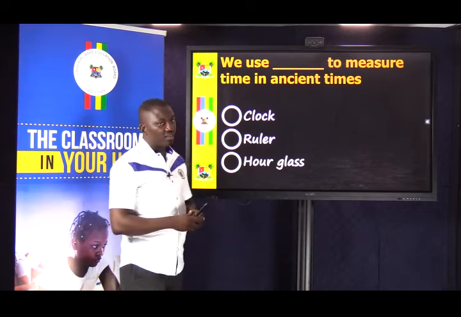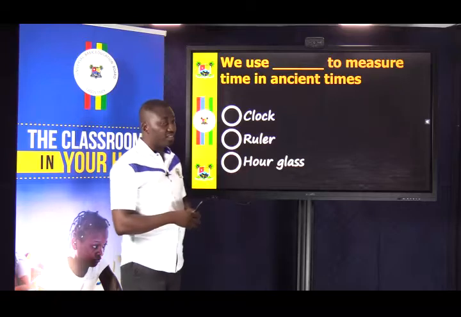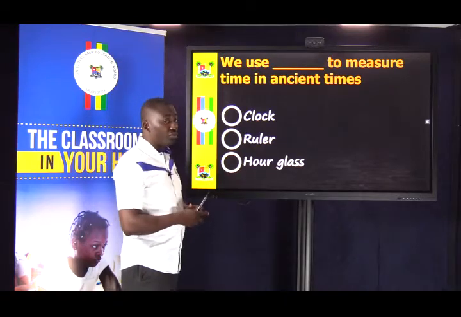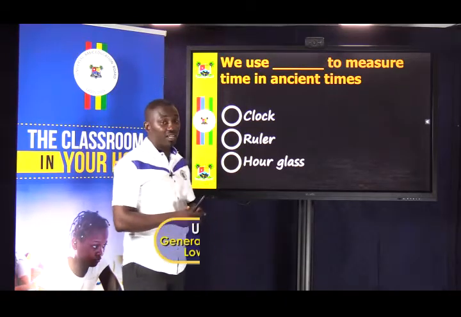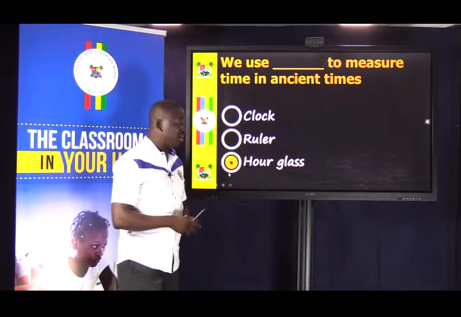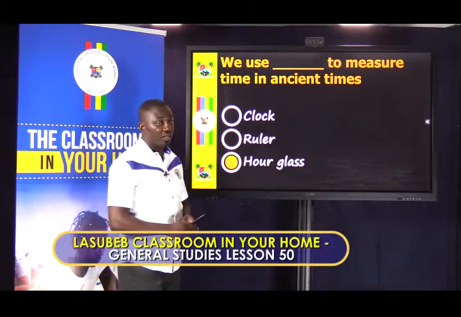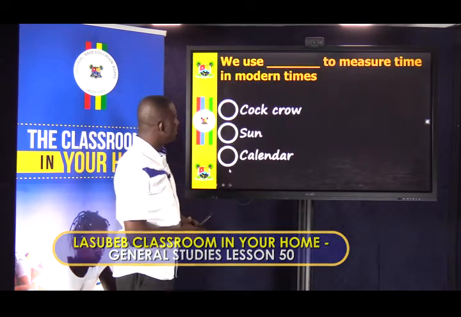Have you done that? Of course, during the ancient time, clock was not in existence. Neither was there any ruler during those periods. So the correct answer is hourglass. They used hourglass to tell the time. Okay? All right, let's move on to the next question.